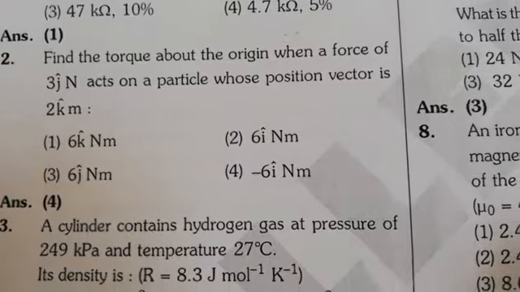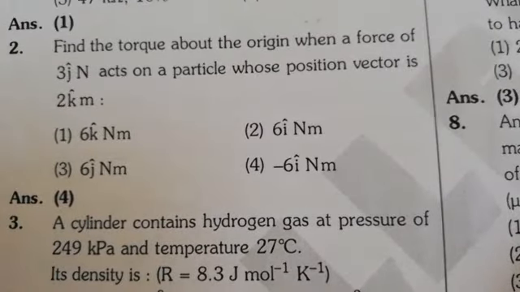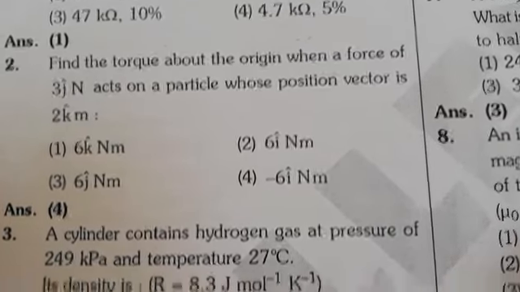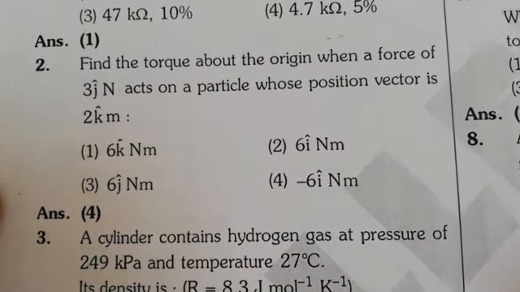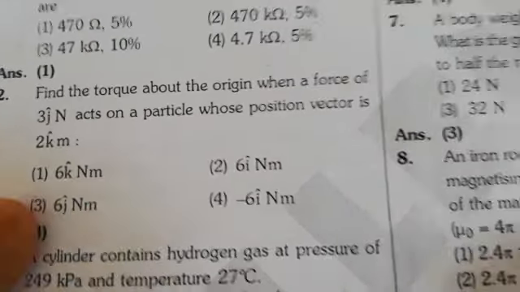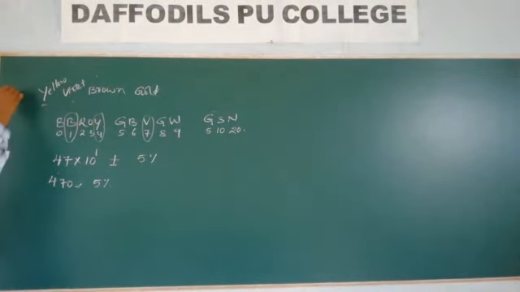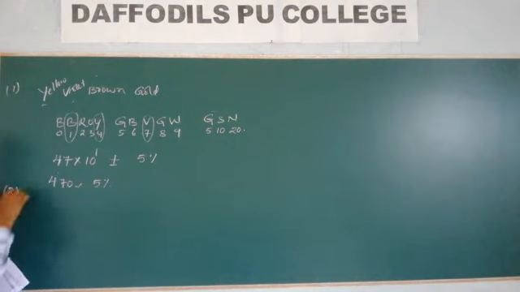Find the torque about the origin when a force of 3 j cap newton acts on a particle whose position vector is 2 k cap meter. It is very easy.